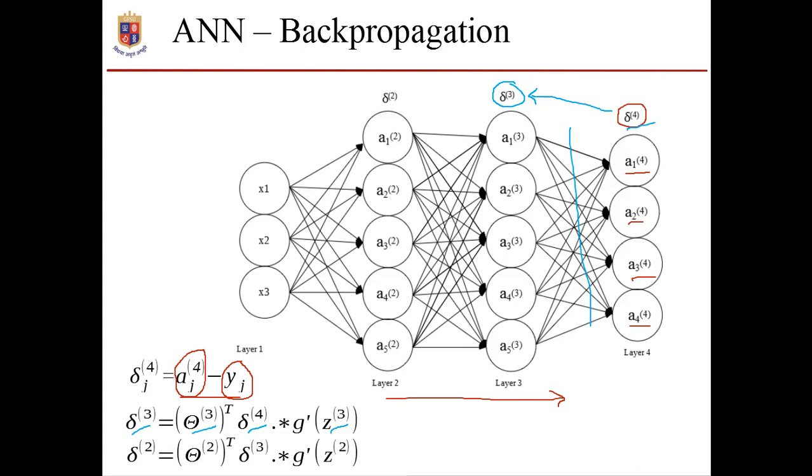And similarly, you can calculate the values for the delta 2, which is based on delta 3. Now you have delta 3 and you want to derive delta 2. So again the same formula, theta 2 transpose delta 3 dot asterisk g dash z2. Dot asterisk, just to recall, refers to the element wise operation, and it refers to all the matrix operations where the multiplication is done at the element level and not at the whole matrix level.